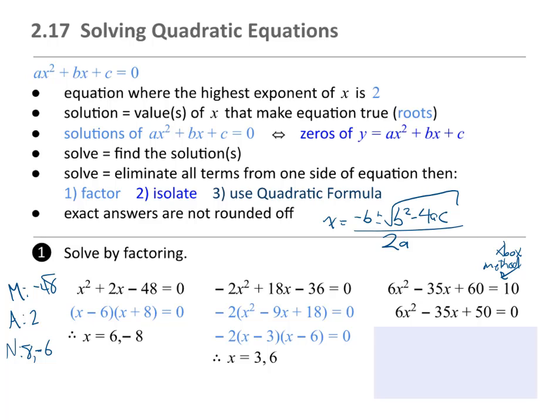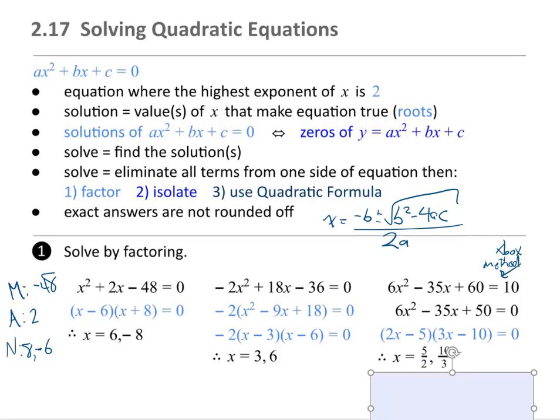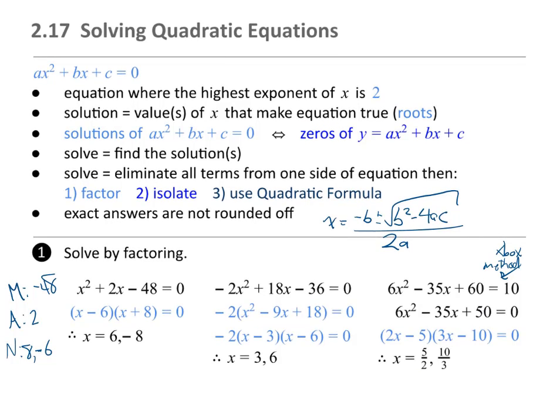I don't recommend it, but you can use the quadratic formula to solve; it's not necessary. Okay, so here is the factored form using the Xbox method, and then your zeros are 5 over 2, because 5 over 2 in the first brackets gives you 0, and then 10 over 3 gives you 0 in the second set of brackets. Okay.